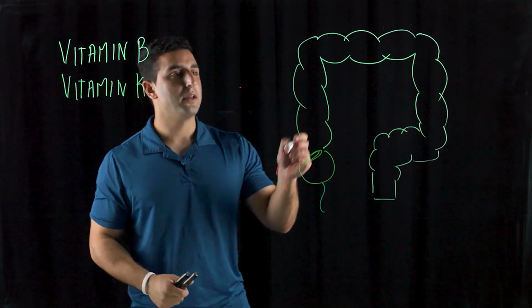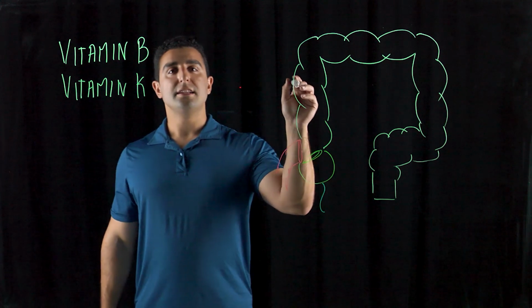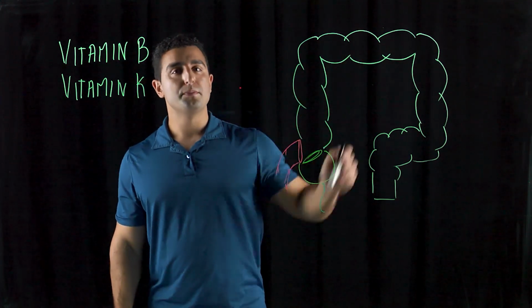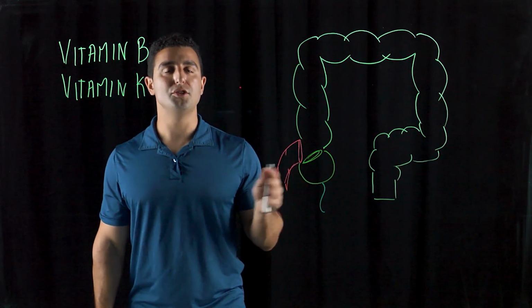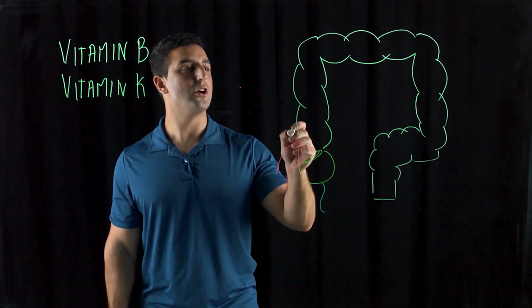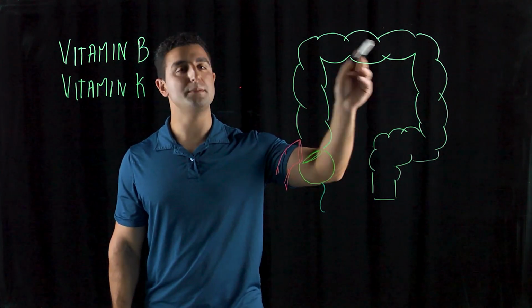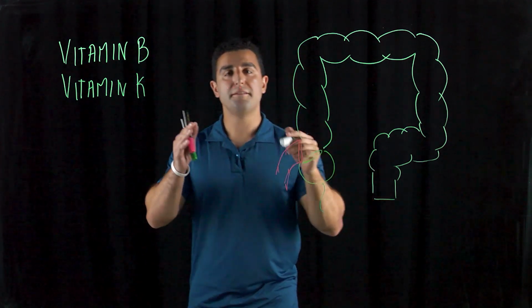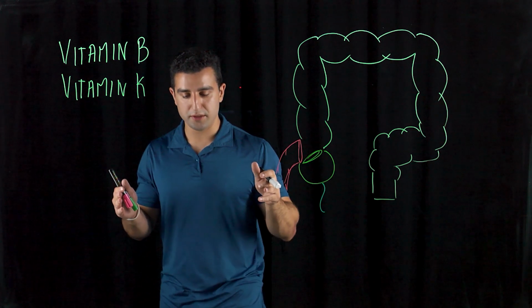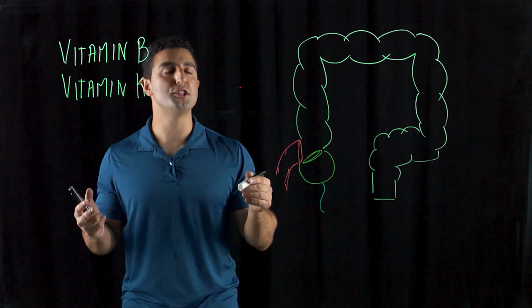Also absorption. The only things that are absorbed in the colon are water and certain ions. That's it. Nothing else. No nutrients are absorbed. Everything else that is absorbed usually happens in the small intestine. And so the final process is the formation of stool, right?